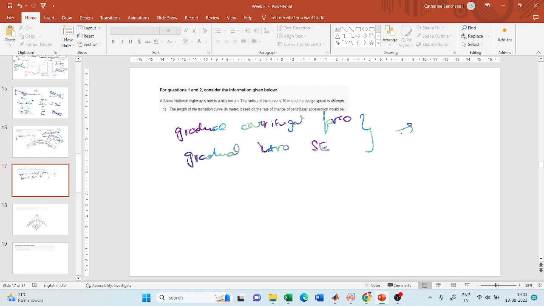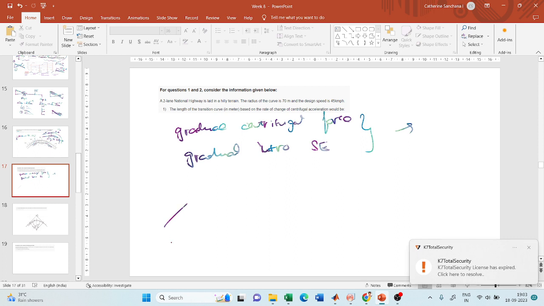This centrifugal force will produce a centripetal acceleration, so this has to be gradually introduced.